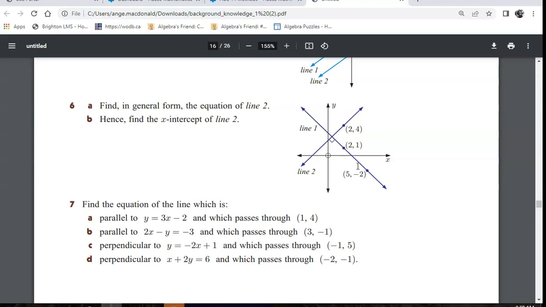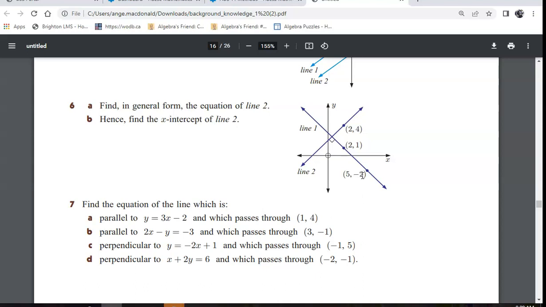So again, when I'm reading this, I want to find the equation of line 2. I'm saying to myself, what 2 things do I need to find the equation of a line? Point and a slope. Oh yay, I've got the point. But I don't have the slope. How can I get the slope?